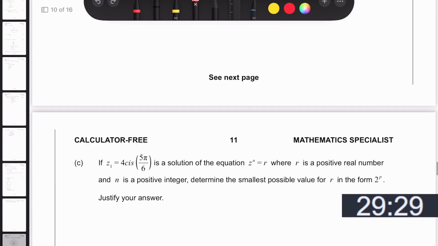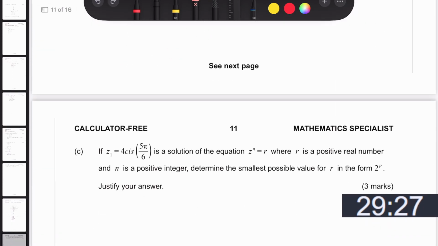Nicely done. If z equals r cis theta is a solution of the equation z^n = something, where r is a positive real number and n is a positive integer, determine the smallest possible value for r in the form 2^p.